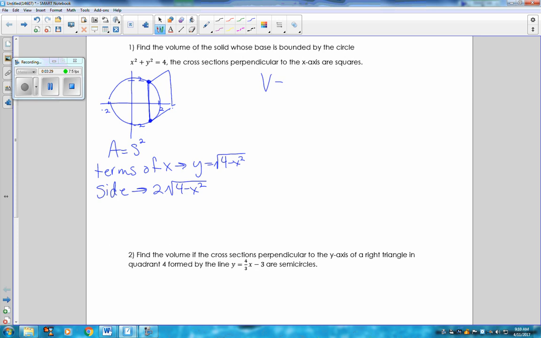I'll do this part. What are my upper and lower bounds? -2 and +2. And then your side squared dx.